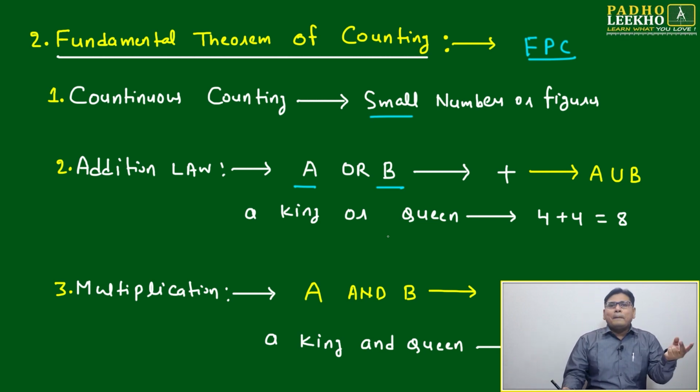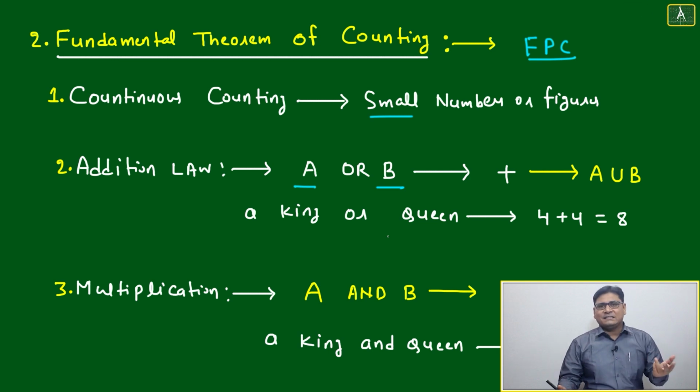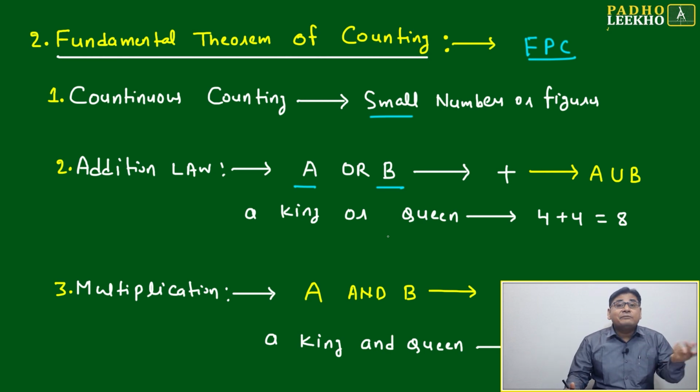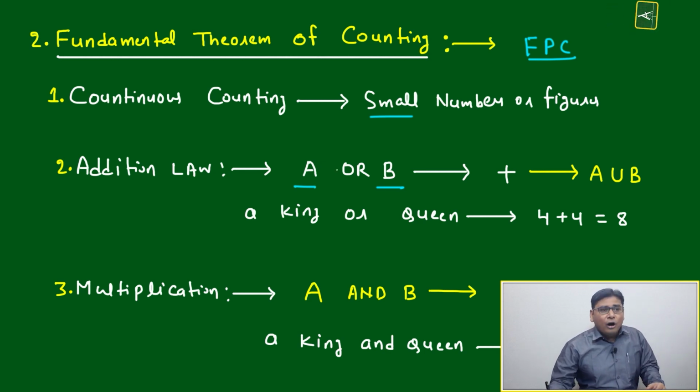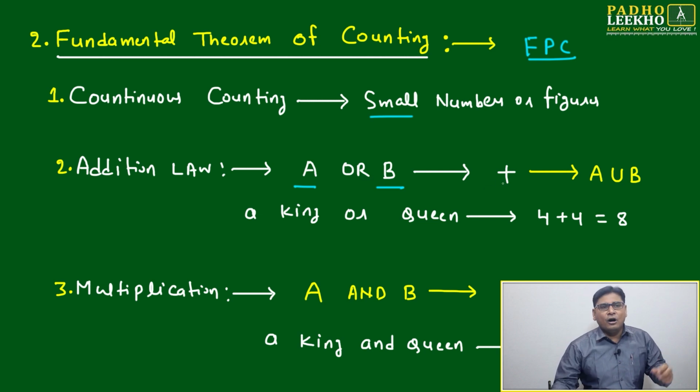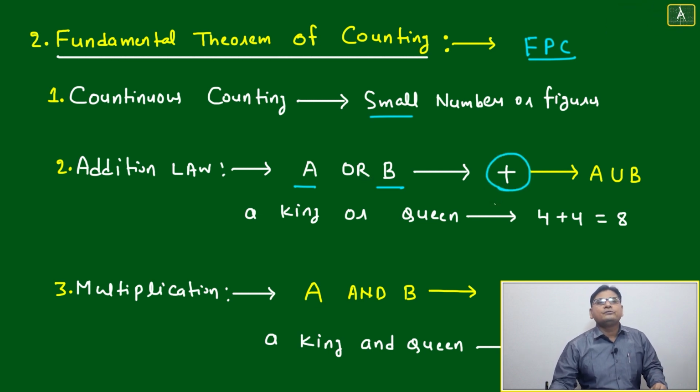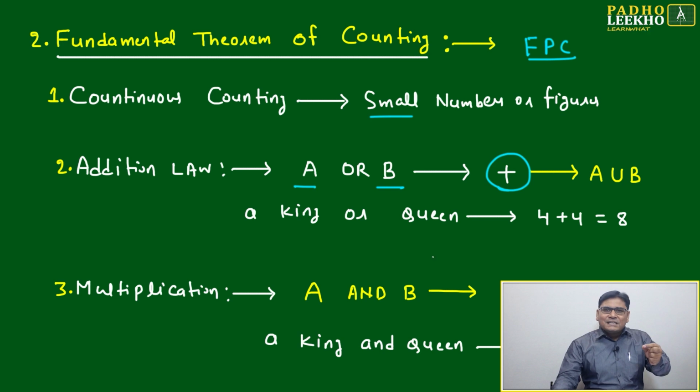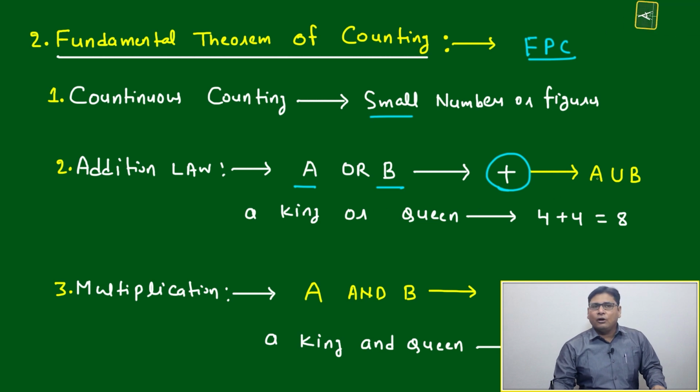You have to select 2 apples or 2 oranges, or maybe 1 apple, 2 oranges, or maybe 1 apple or 1 orange. Different conditions, different numbers will be there. But always, if it is given A or B, apple or orange, then you have to use this: in how many ways you can select apples, just add how many ways you can select the oranges.